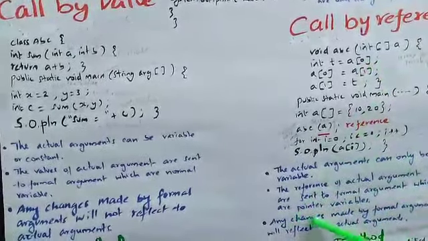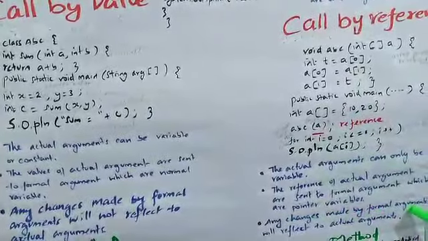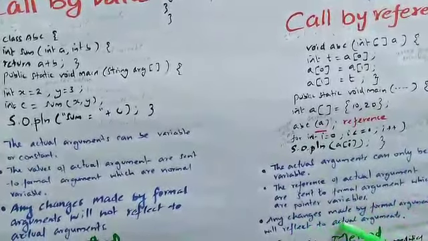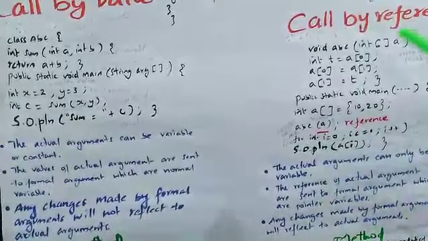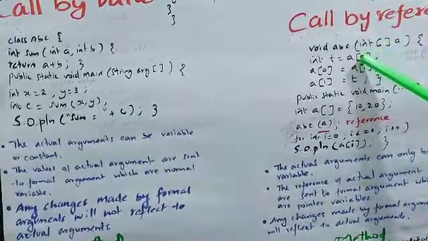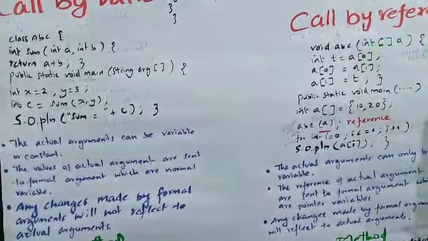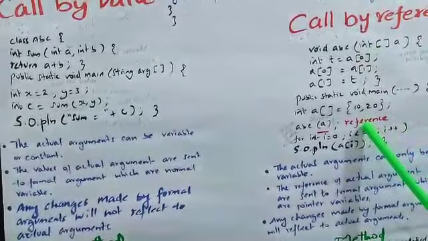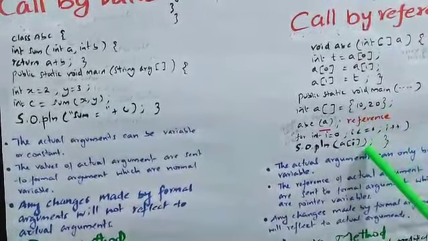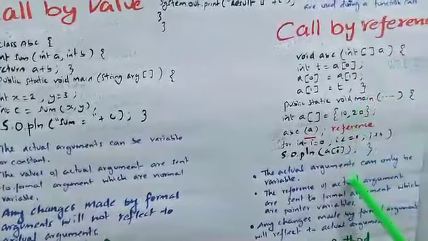Any changes made by the formal argument will reflect to the actual argument. So that is why it is called call by reference.